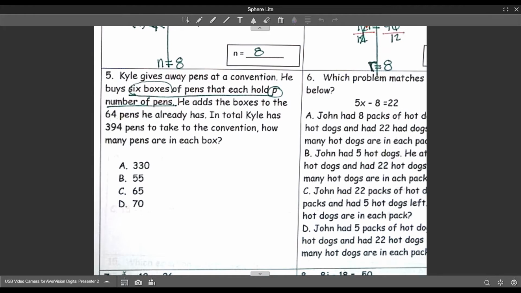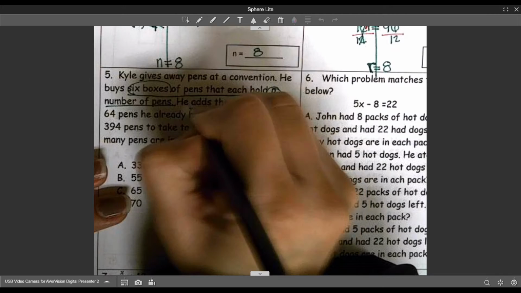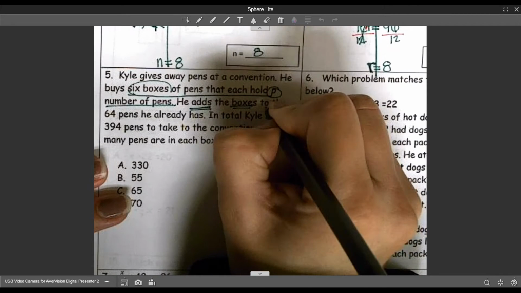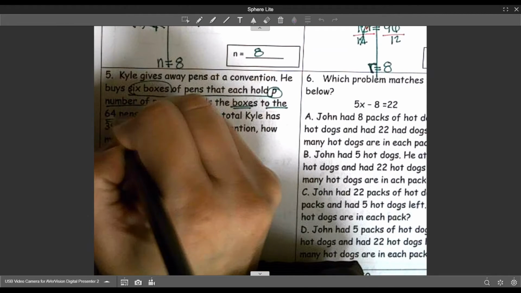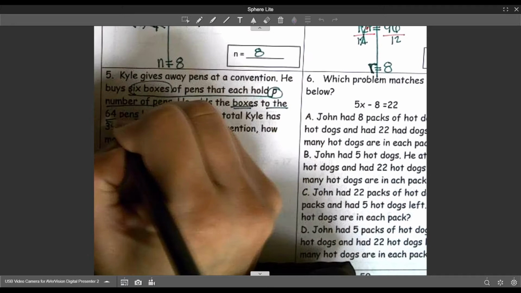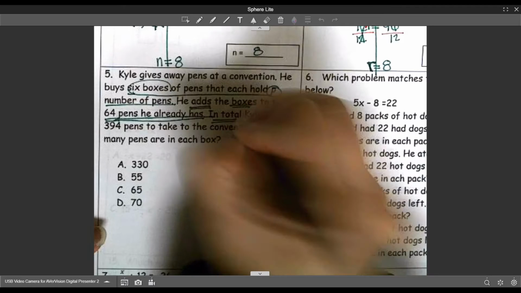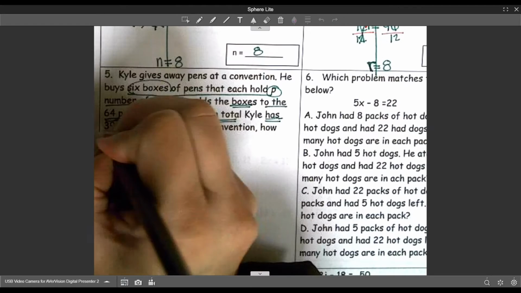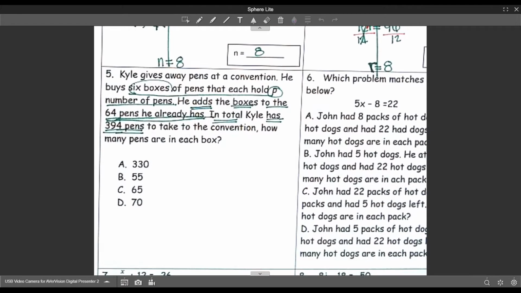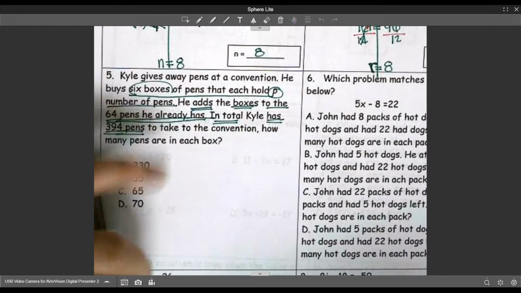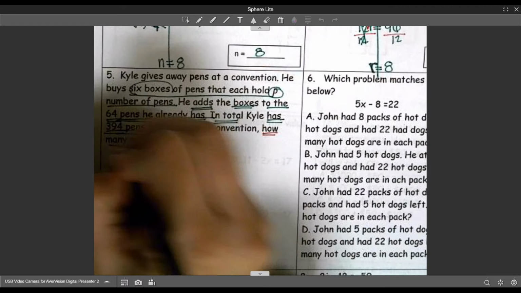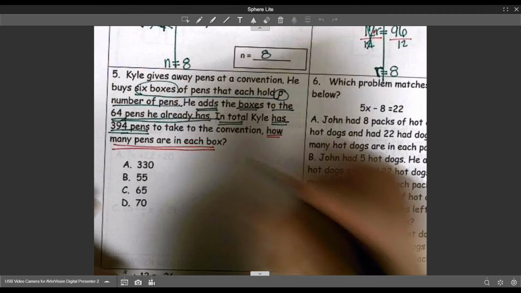He adds the boxes to the 64 pens he already has. In total, Kyle has 394 pens to take to the convention. How many pens are in each box?